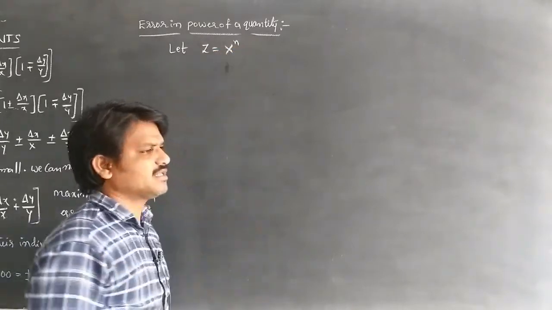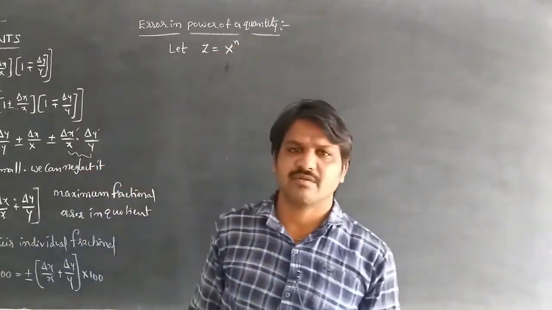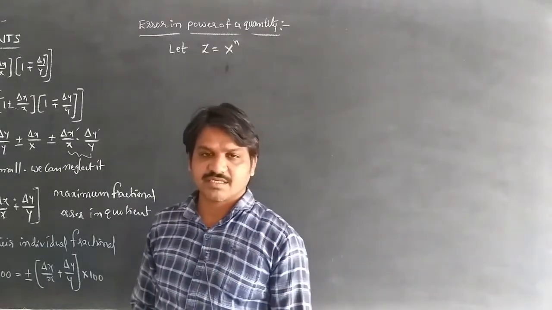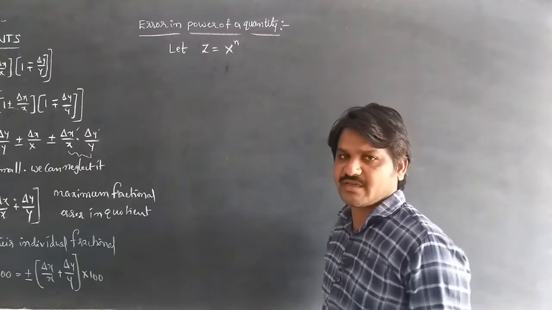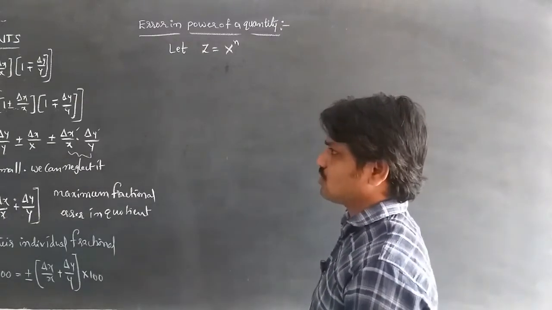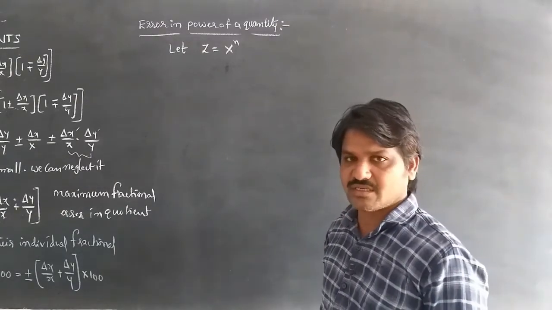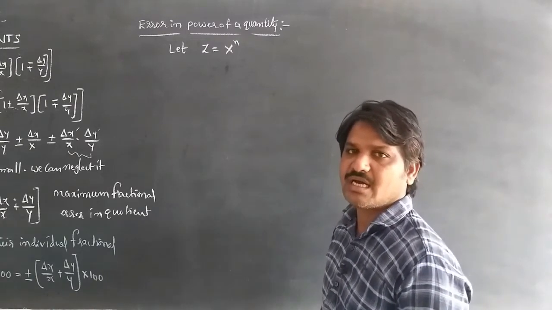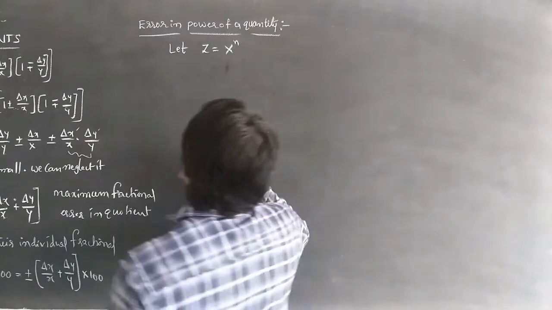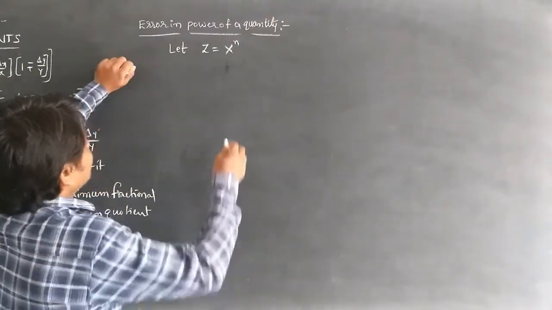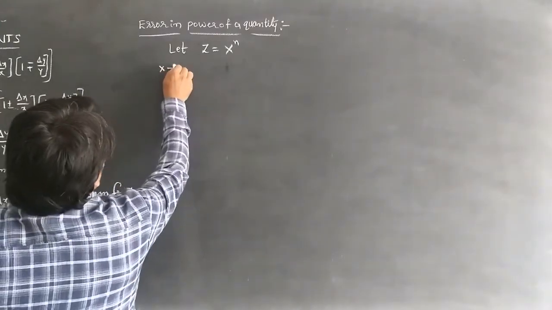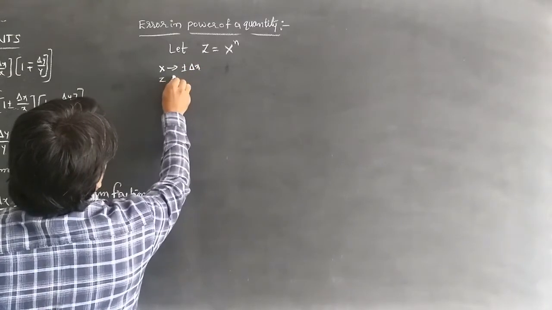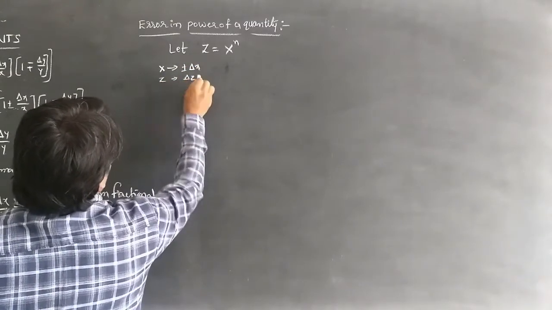After knowing this, we will discuss one example to clarify all doubts about how to find the errors in division, subtraction, product, as well as addition. So let z is equal to x power n. We know that the absolute error in x is plus or minus delta x, and in z we can write delta z as the absolute error.